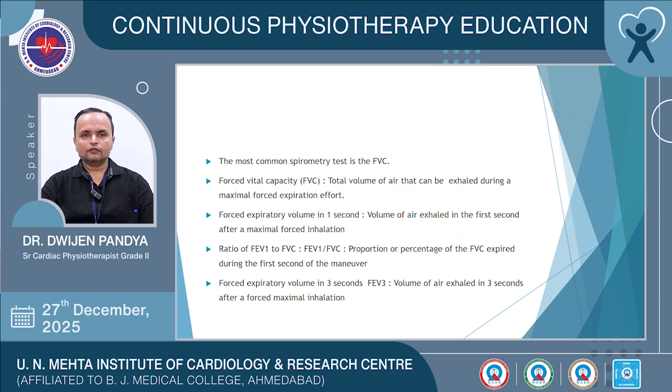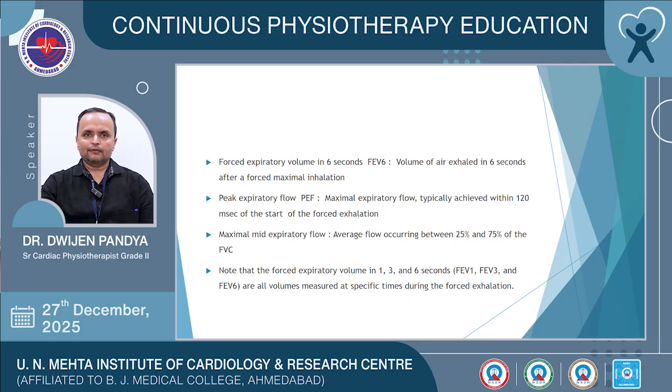Forced expiratory volume in 3 seconds is the volume of air exhaled in 3 seconds after a forced maximal inhalation. Forced expiratory volume in 6 seconds is the volume of air exhaled in 6 seconds after a forced maximal inhalation. Peak expiratory flow is the maximal expiratory flow typically achieved within 120 milliseconds of the start of the forced exhalation.